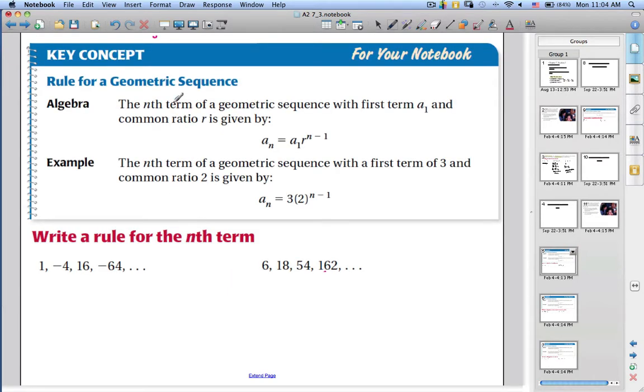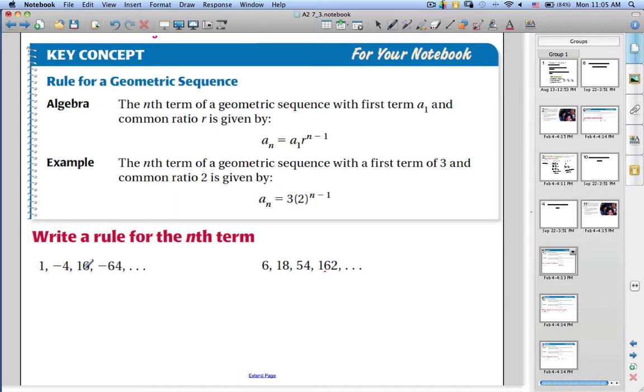Now, if I want to write the rule for a geometric sequence, I can use this formula. A sub n is equal to the first term in the sequence times the common ratio to the n minus 1 power. So I would need to find the common ratio and the first term. Here they've given me a sequence. Negative 4 divided by 1 is negative 4. 16 divided by negative 4 is negative 4.